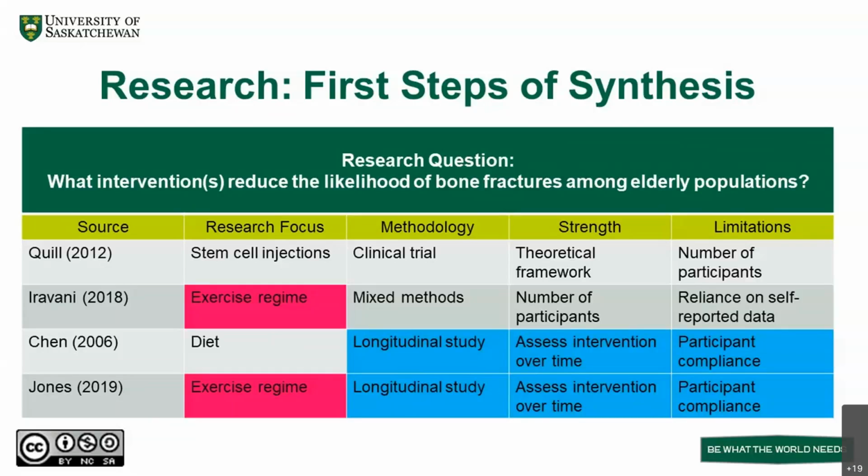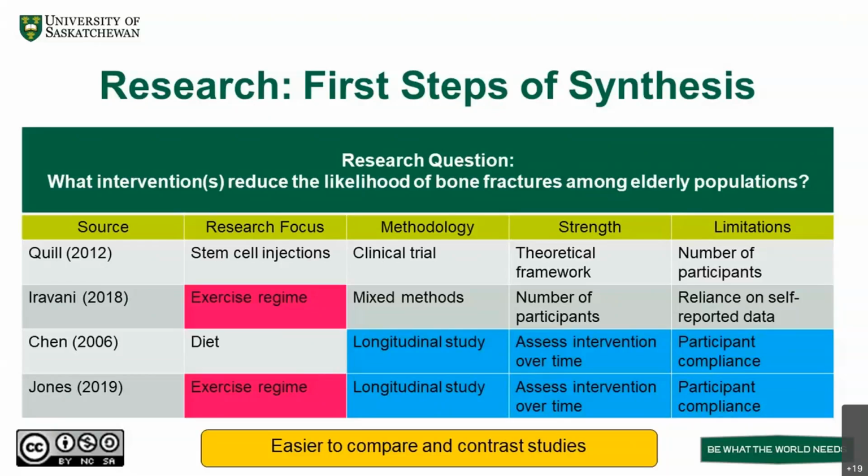We also have some other commonalities in terms of the methodology. So depending on how you want to structure your review, you might cluster around methodology, or you might cluster around research focus. You have the decision to make when it comes to how you want to thematically group that information, which is part of the puzzle and the fun of writing.